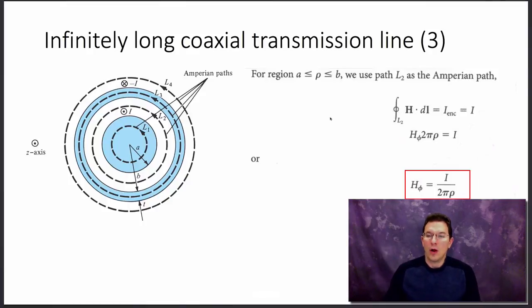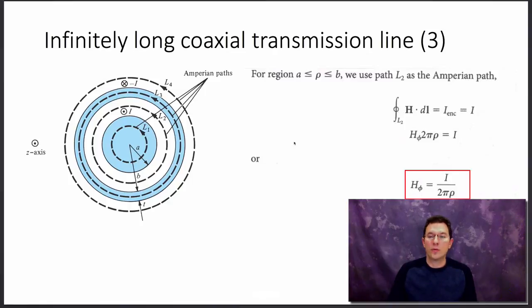If you're going to work on the left-hand side of the equation there, it's the exact same expression. You'll be integrating H phi times rho d phi, phi going from 0 to 2 pi. That integral just gets you this. And no matter what your radius is here, as long as rho is between a and b, you're always going to be enclosing the same amount of current, which is, in this case, the total current I right here.